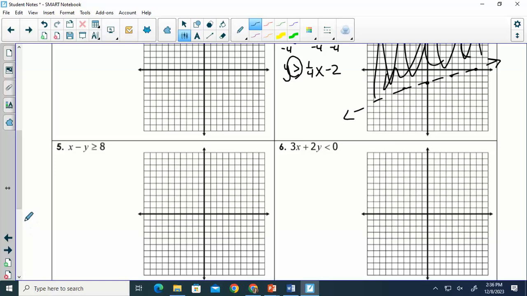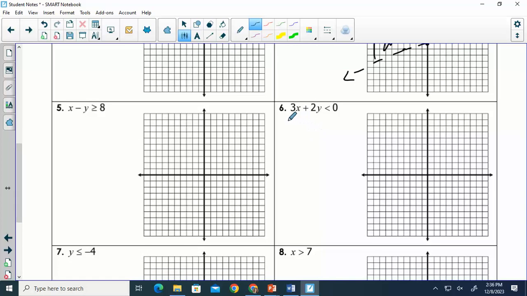All right, let's look at 6. What would you do? So we have 2y is less than negative 3x. Divide by 2. So y is less than negative 3 halves x. How do you graph that?